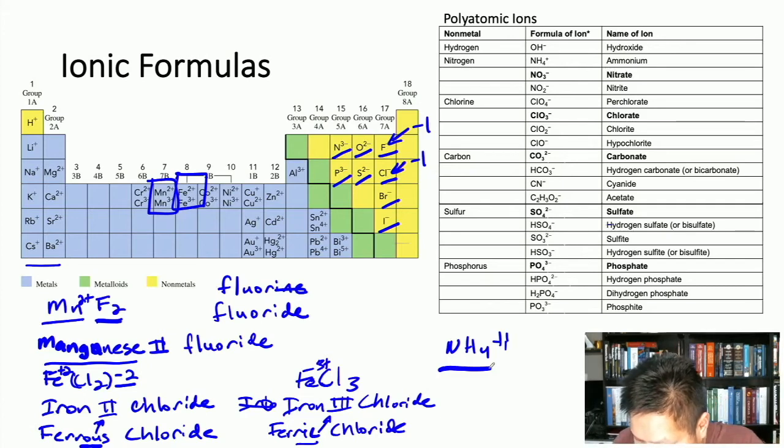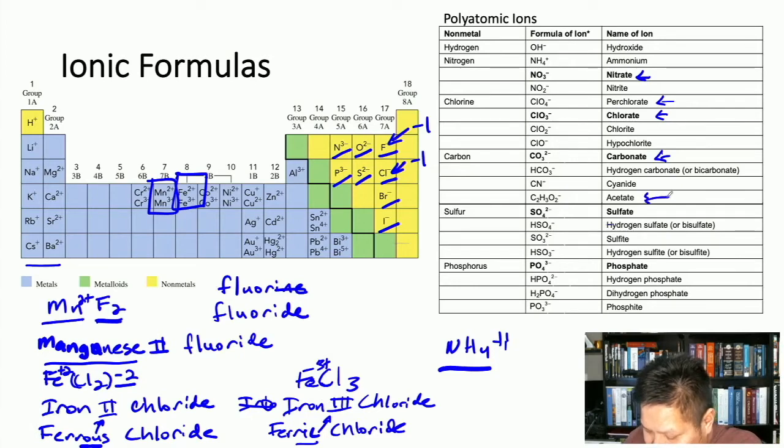For example, NO3 -1 is nitrate, ClO4 -1 is perchlorate, ClO3 -1 is chlorate, and CO3 -2 is carbonate. Or the acetate ion, which is what vinegar is made of when it's an acid, acetic acid.